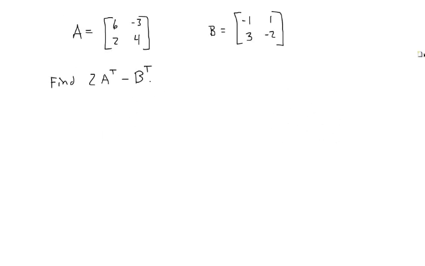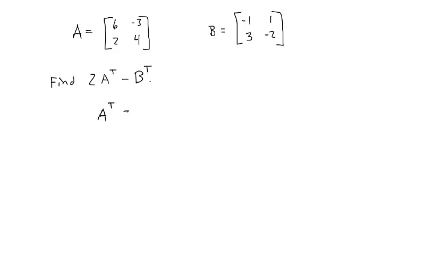In this last example, I want to combine some of the stuff we've learned. So we have A is equal to 6, negative 3, 2, 4, and B is negative 1, 1, 3, negative 2. And I want to find 2 times A transpose minus B transpose. So the first thing we want to do is find the transpose.